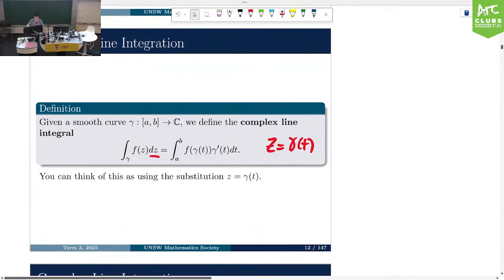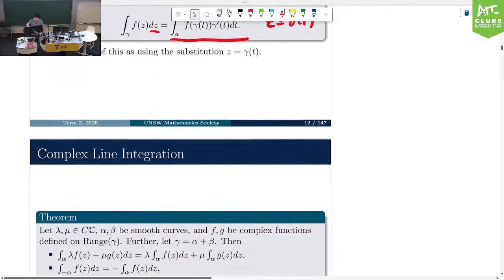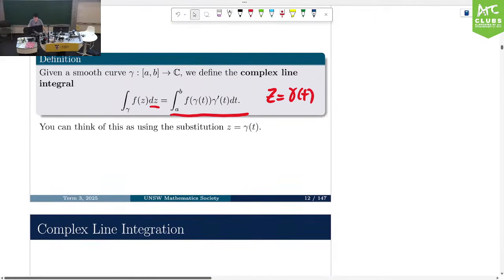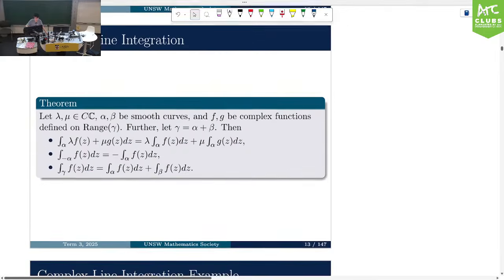But I personally find it helpful to remember this formula by making it integration by substitution style. After that, we have seen how to integrate this before, due to this parameterization, which converts it into an integral with respect to a real variable.